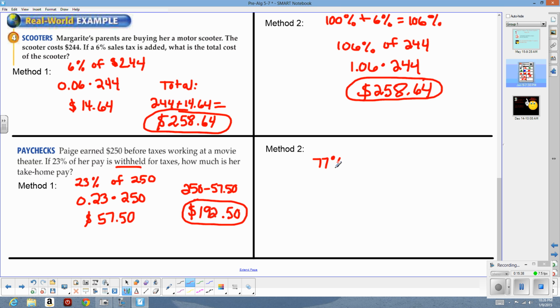So we're going to try and figure out what 77% of $250 is. 77% is 77 hundredths, and we're going to multiply that by the whole, which is 250. And we get the same thing that we got with our other method, $192.50.